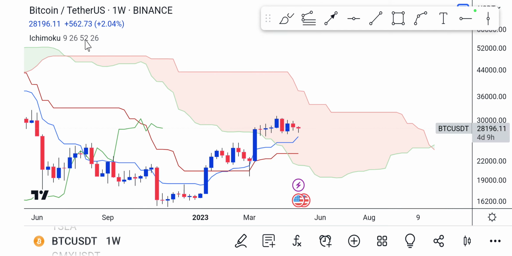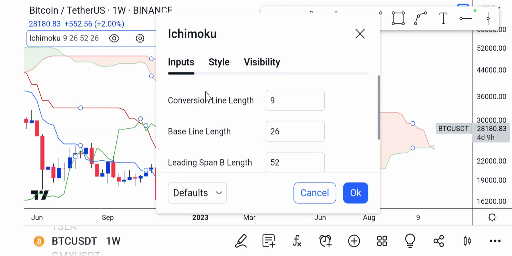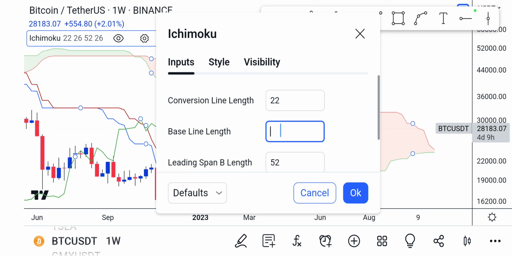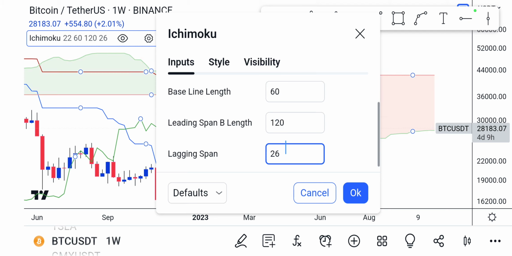So let's take a look at the double cloud settings. Like I said, this is default settings. Double cloud settings, they are 20, 60, 120, and the last one is 30.